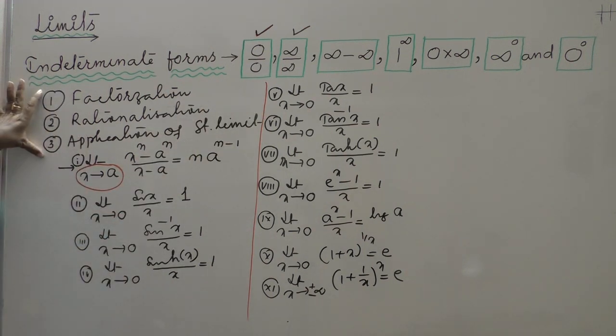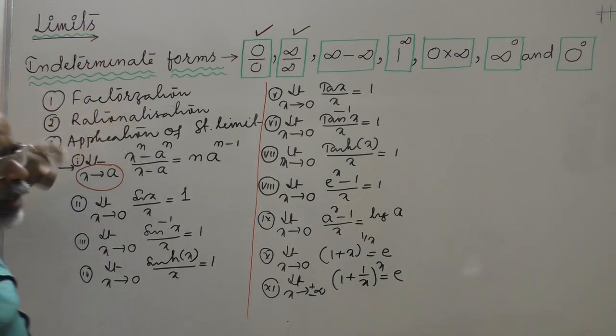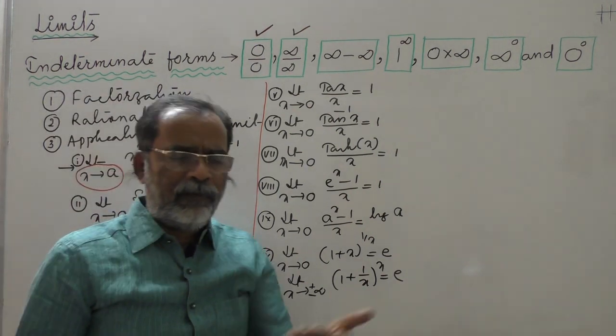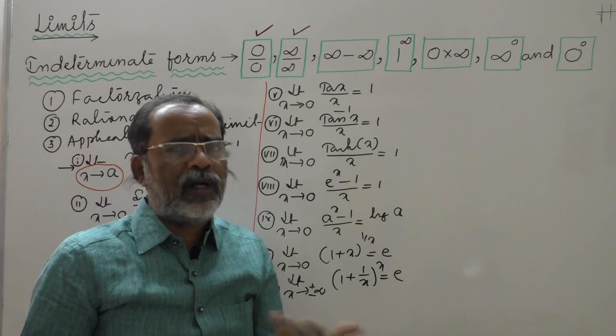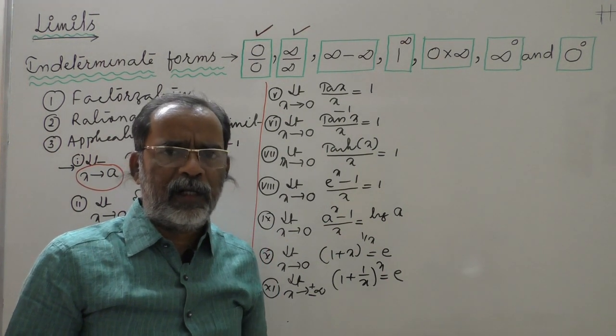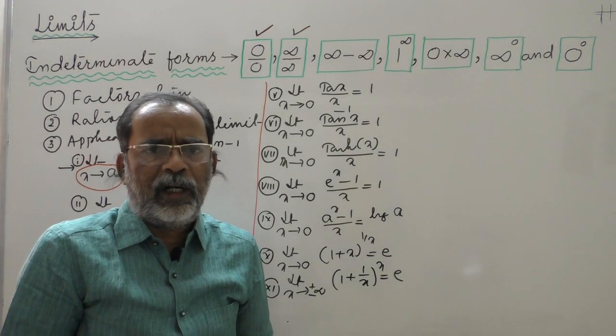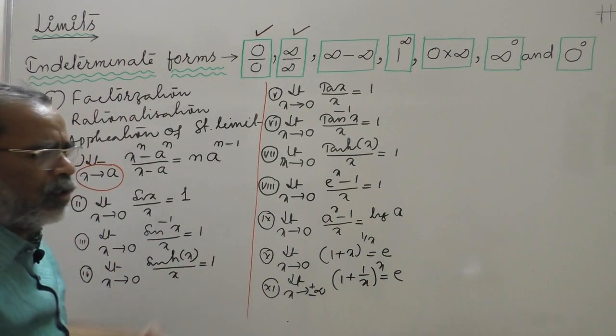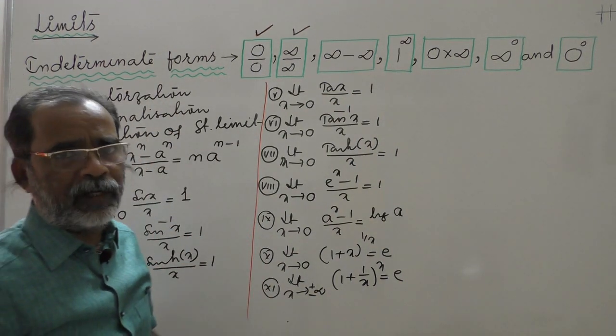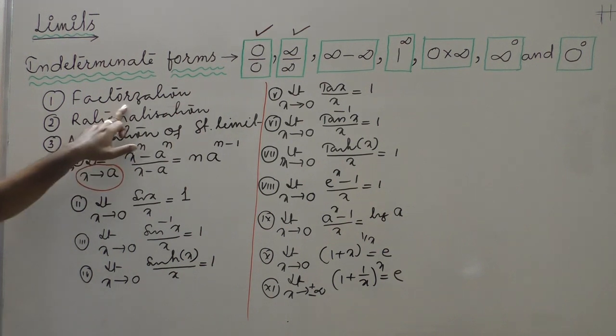What is the procedure when you are getting indeterminate forms? There are some methods. Why do you get indeterminate forms? Generally, if any common factor is there, you will not get a determined answer. So you are supposed to cancel that common factor. For that, you can use the factorization method. If roots are there, you can use the rationalization method.